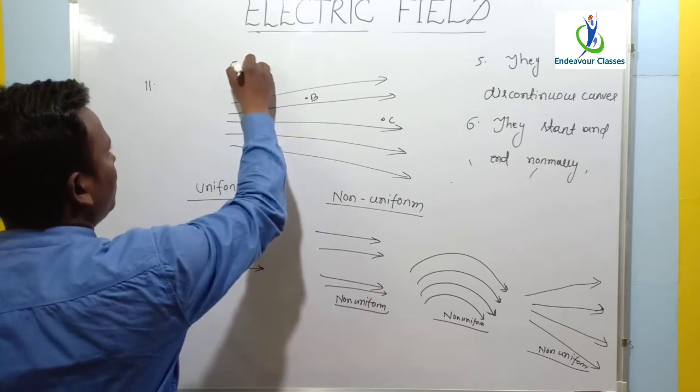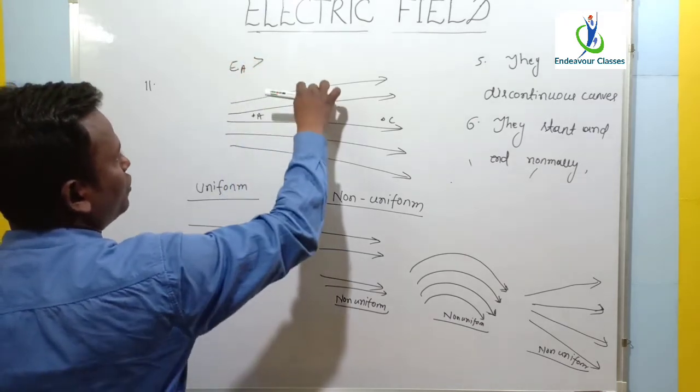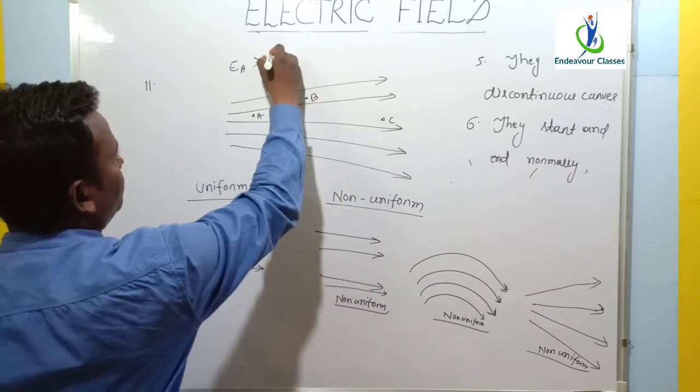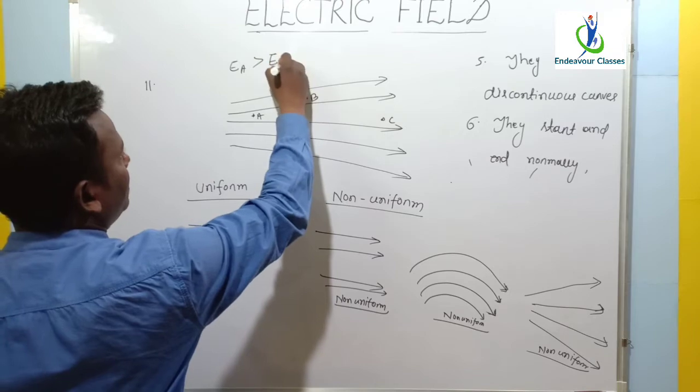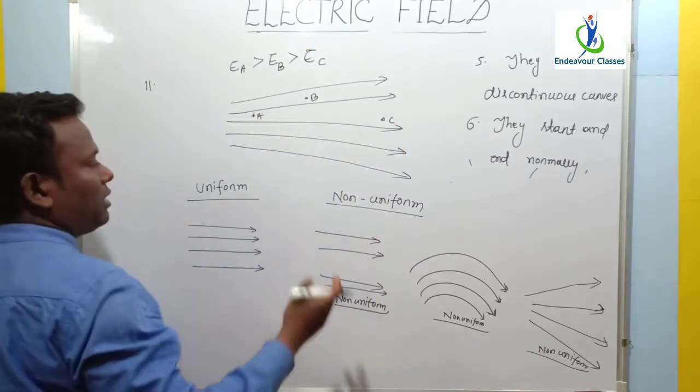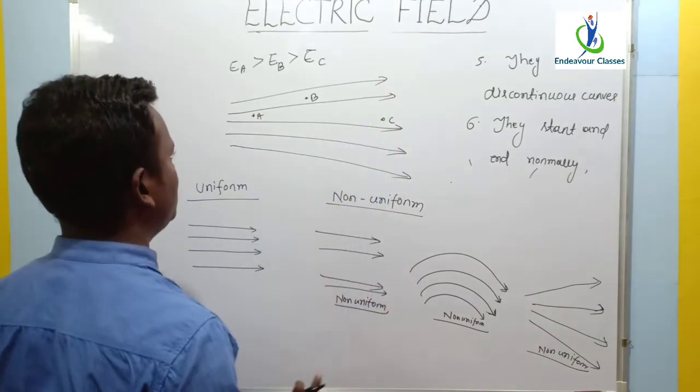So EA will be greater than EB, which will be greater than EC, because EC will be the least, as here the distance between the lines of force is more.